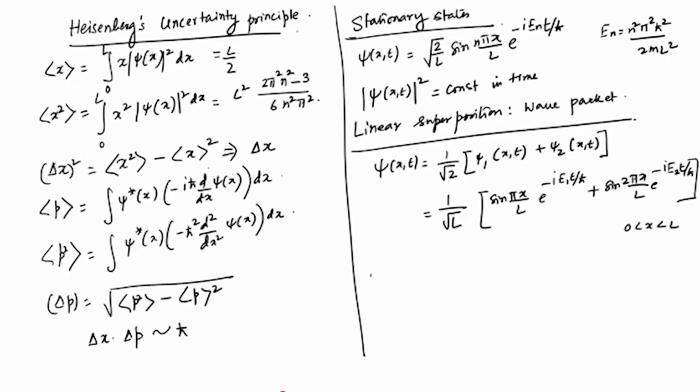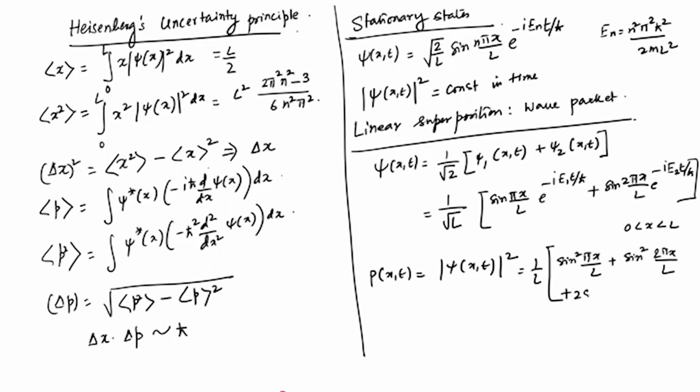So, this probability density is going to be oscillating with time. If you calculate P(x,t), which is nothing but the mod of psi(x,t) squared, this will give us 1 over L times sine square pi x by L plus sine square 2 pi x by L, not 4 pi, 2 pi x by L. And then we have 2 sine pi x over L sine 2 pi x over L, and then there is a cosine of delta omega t.